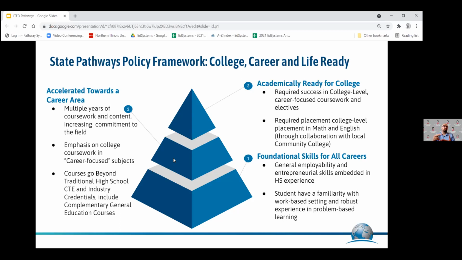The associate's degree and advanced certificate, typically through a community college system, is required for most higher earning jobs that meet a living wage benchmark. So your pathway, your job training program, yes, can help someone get a job right away, but inevitably you've got to get them ready to handle the rigor of post-secondary institutions and post-secondary training.